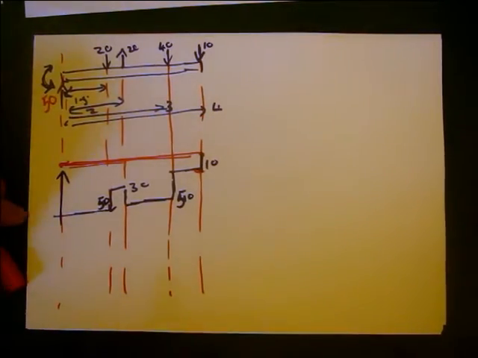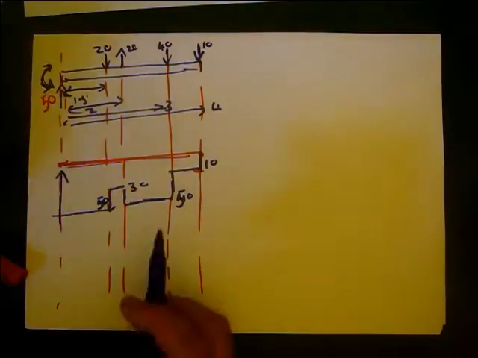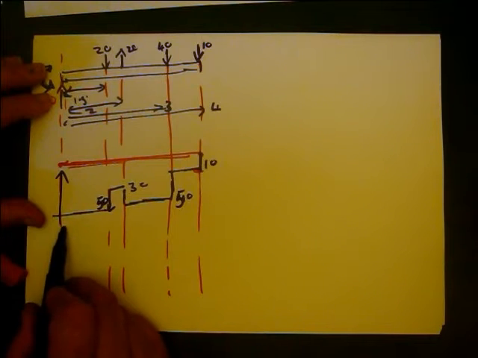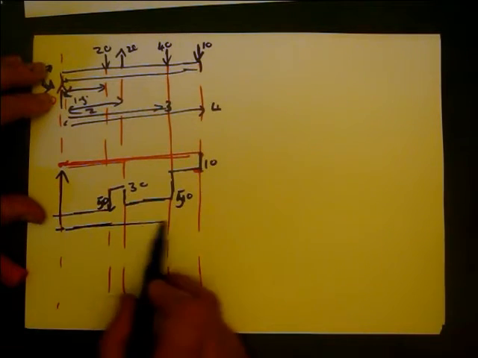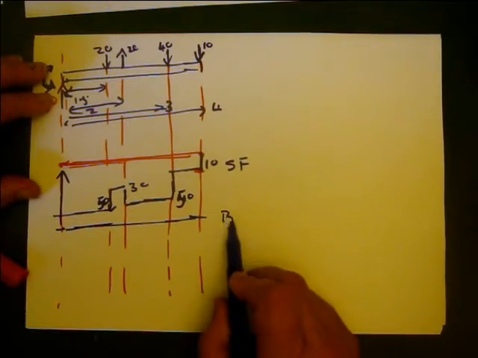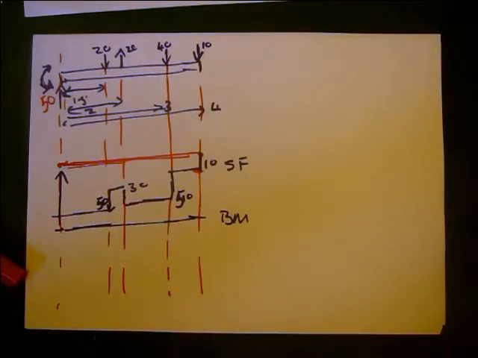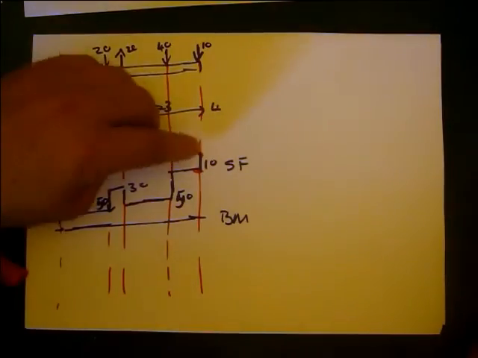Then, hopefully there's enough room on here, we're going to draw in our bending moment, and I'm going to put the axis here. So this is the shear force, and this is the bending moment diagram. It doesn't really matter which end we start at, but we're going to start at the free end again.